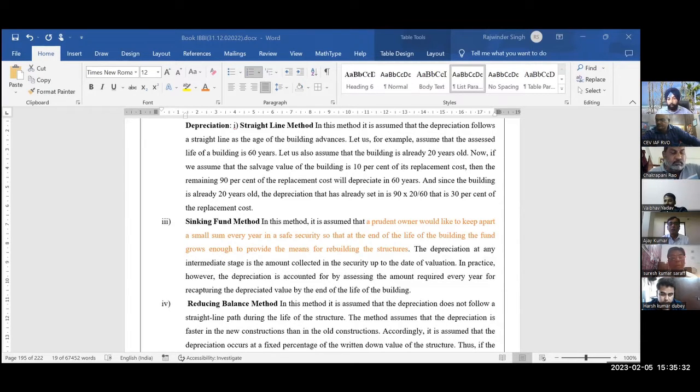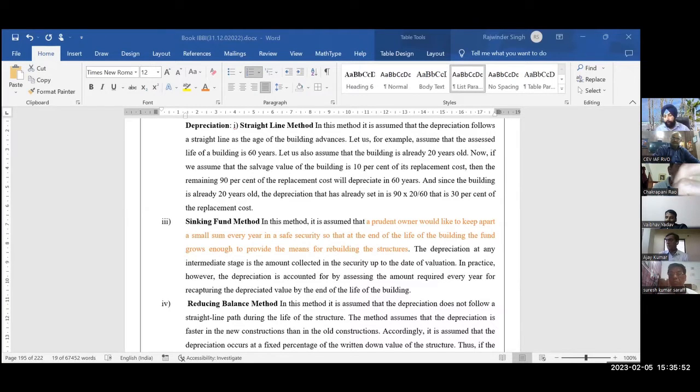Now see, what does this mean? How much amount is deposited every year as far as the sinking fund is concerned? How do you calculate the amount which is to be deposited every year as a sinking fund?